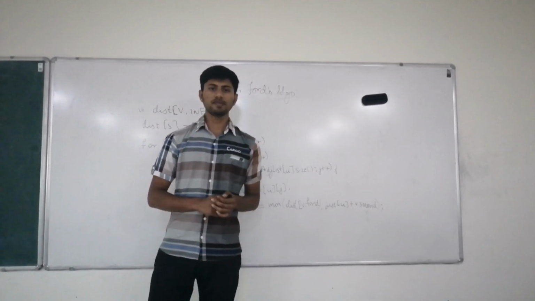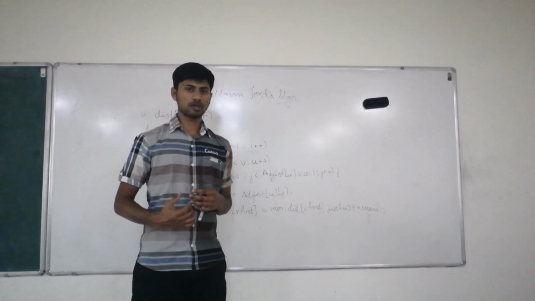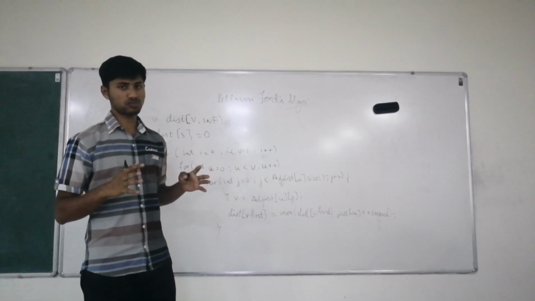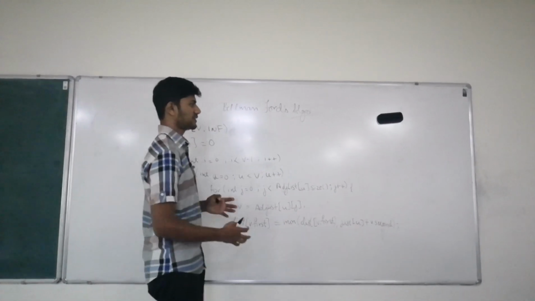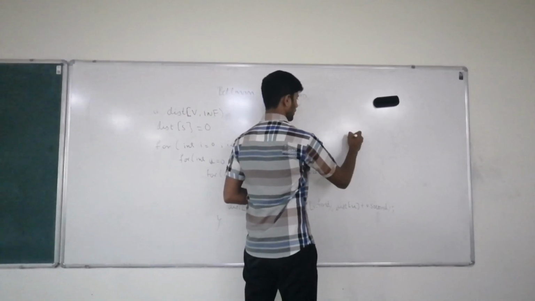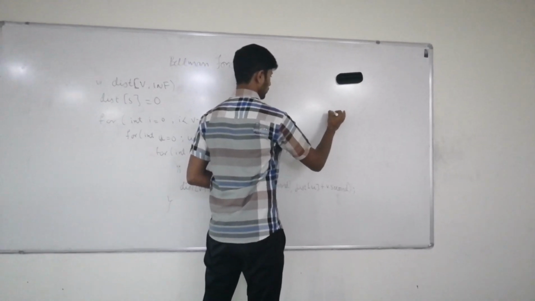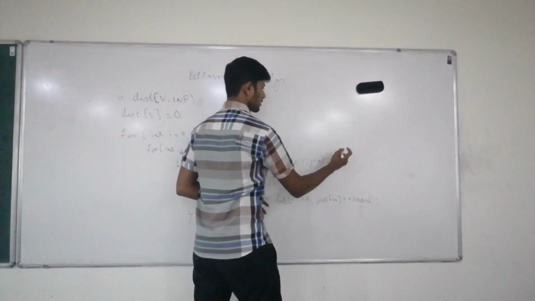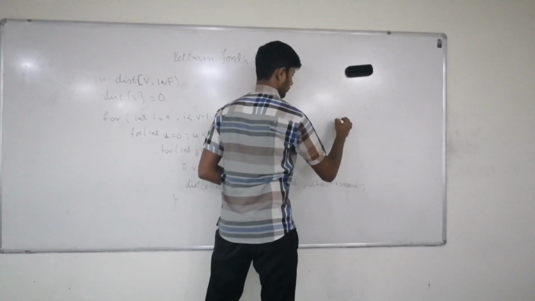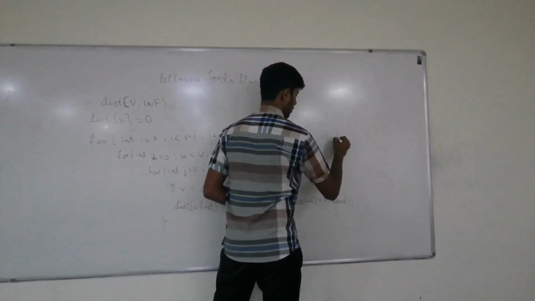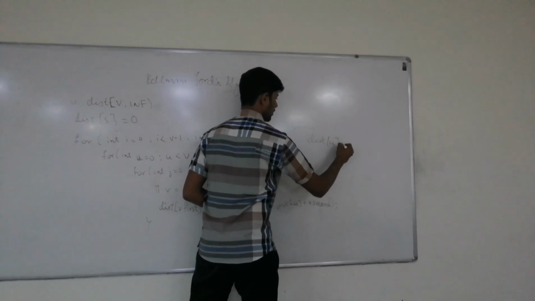At last, we will see the time complexity of the Bellman-Ford algorithm. The main idea of this algorithm is to relax e edges v minus 1 times. Let there be an edge from the source to u. If this edge is relaxed, then the distance of u will have the correct value.